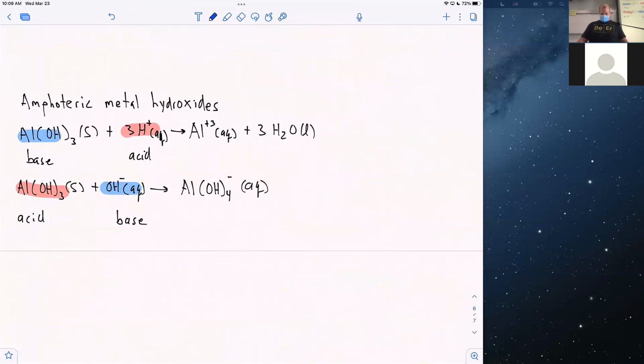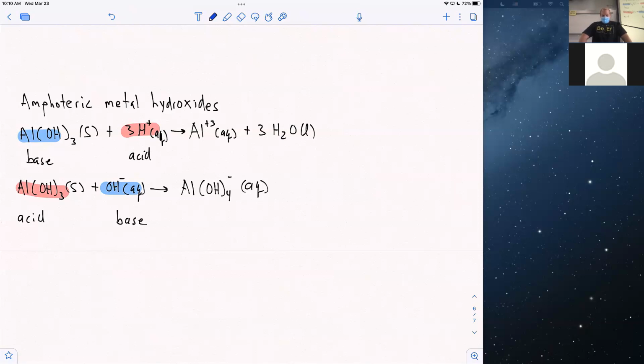Amphoteric metal hydroxide. Amphoteric means things that act like acids and bases. Aluminum hydroxide is an example of that. If you react aluminum hydroxide with acid, the acid will consume the hydroxide.